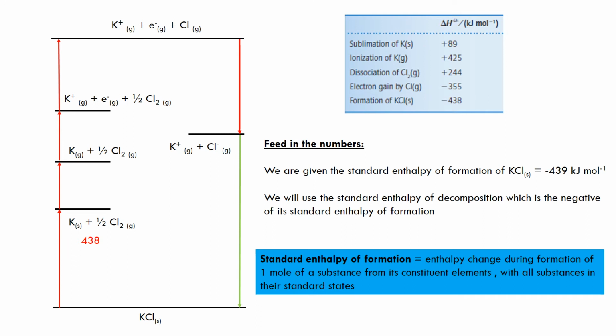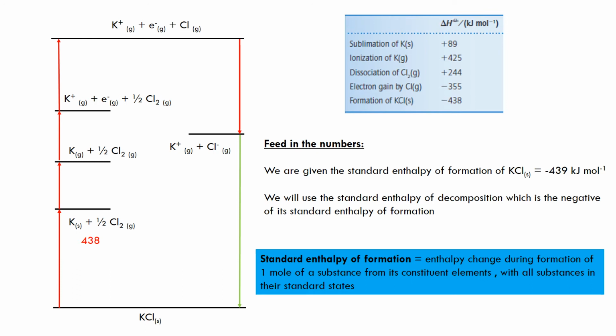Well, that's exactly what I'm talking about on the first arrow on the left-hand side there at 438 kilojoules per mole. And you'll note that the value that's been given in the table of empirical data there is minus 438. That's for the enthalpy of formation.